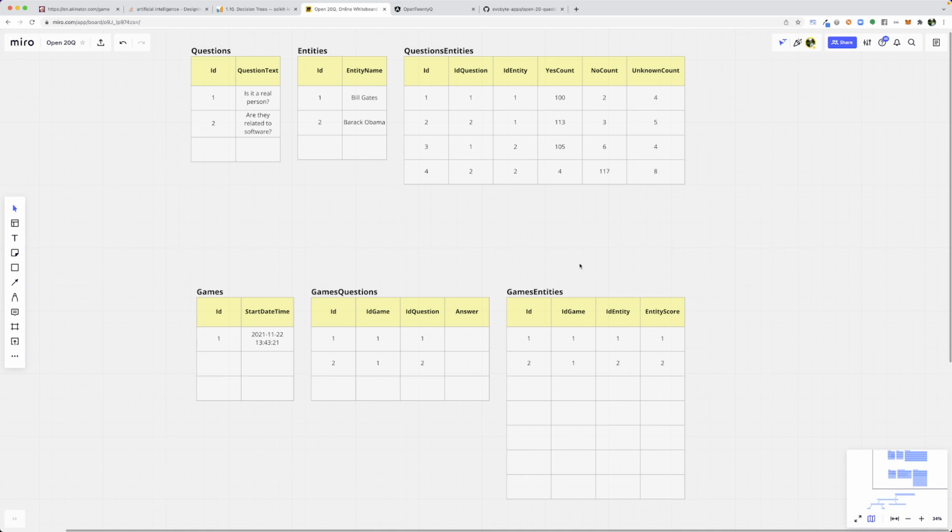And that's done using Shannon entropy. So we will use Shannon entropy to pick the question that has a majority answer of yes for about half the entities and the majority answer of no for about the other half of the entities.